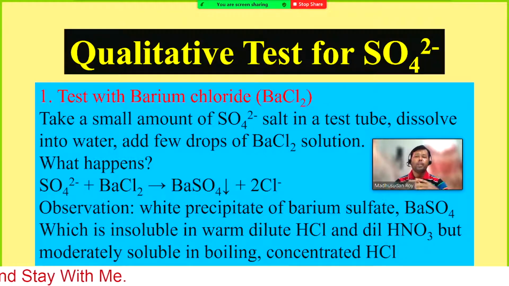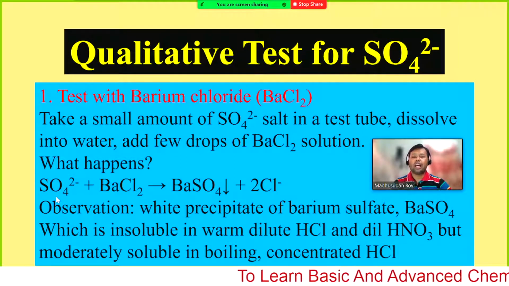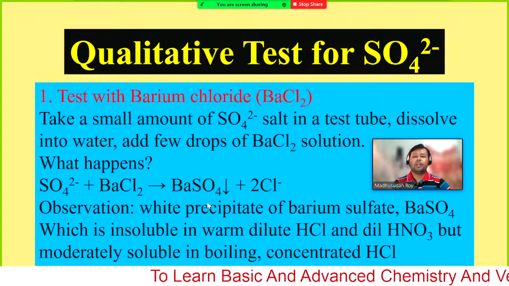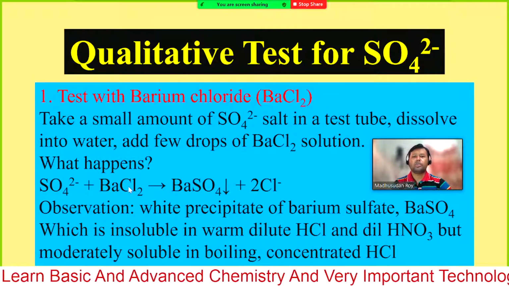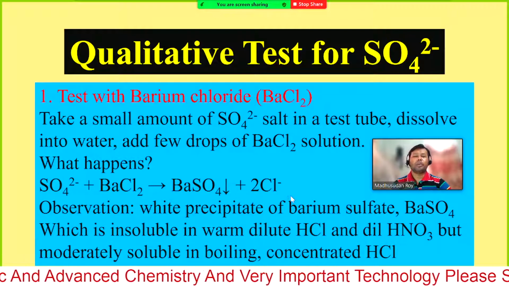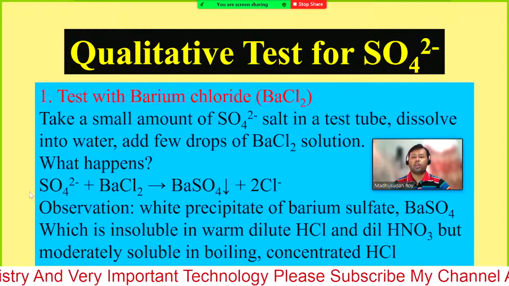So in your original solution you have the sulfate salt and then you have added barium chloride. The barium chloride reacts with the sulfate to give a white precipitate of barium sulfate, and the chloride will give you some ion.